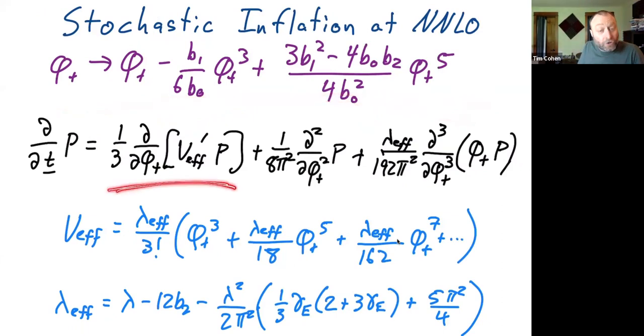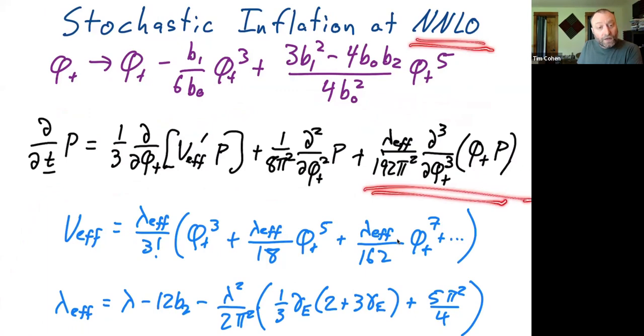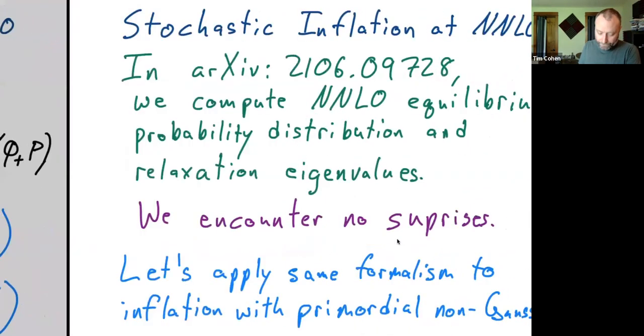We have the original Starobinsky dependence on the potential as promised. We have this original quantum noise contribution. And then we have this new term, which is this higher order correction to the noise. The detailed formulas are here, but the point is simply that going to next to leading order, we actually were able to compute this new contribution as promised.